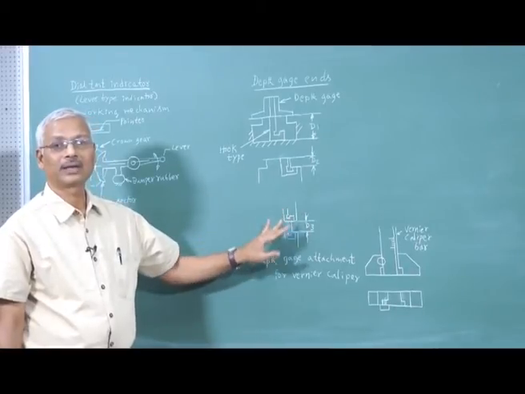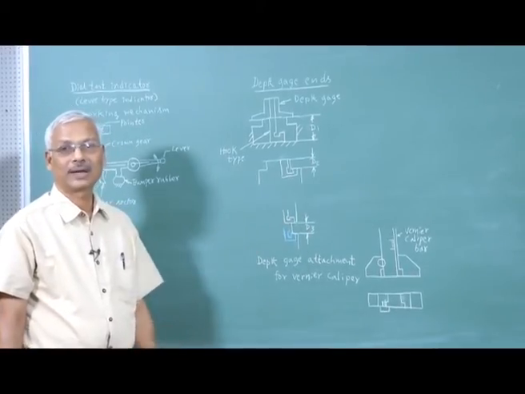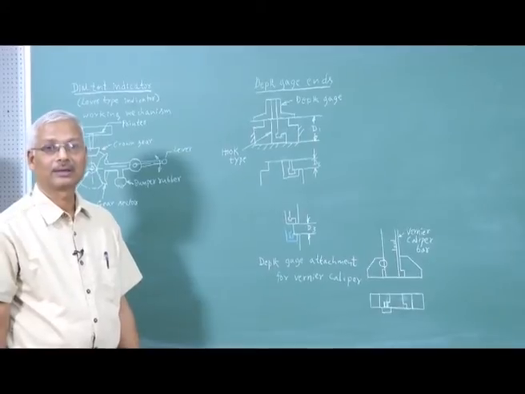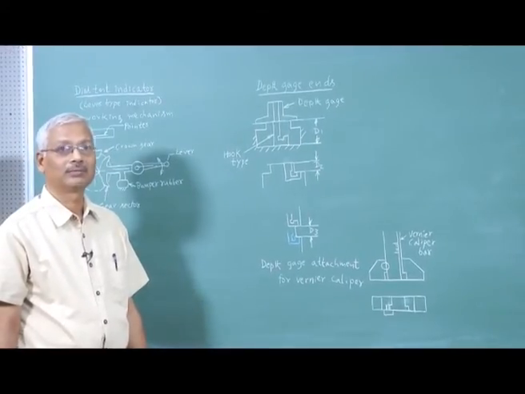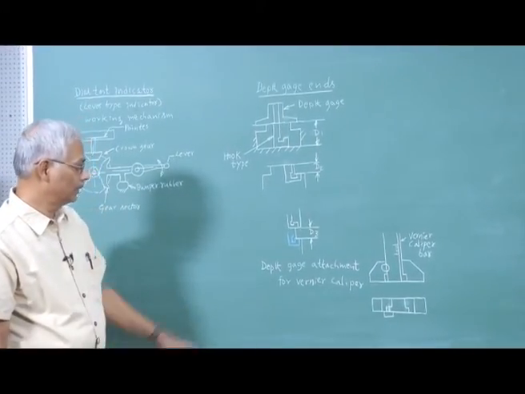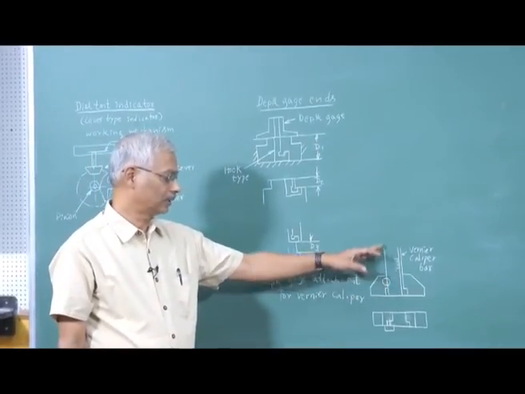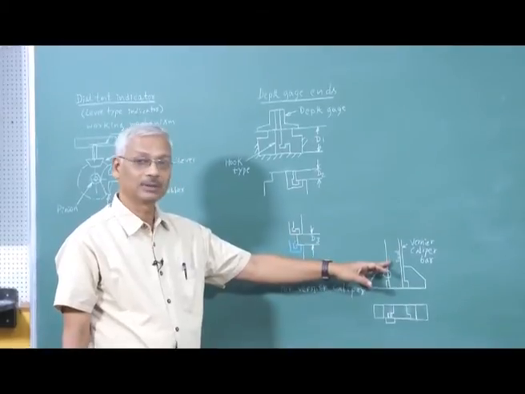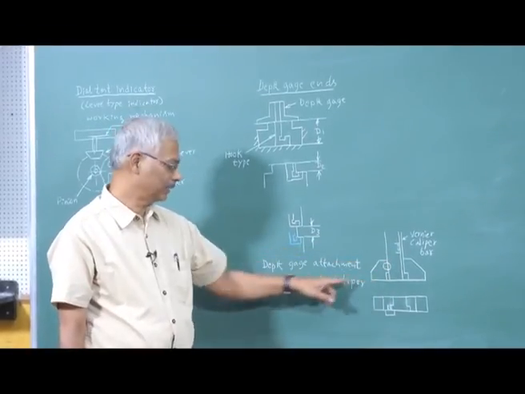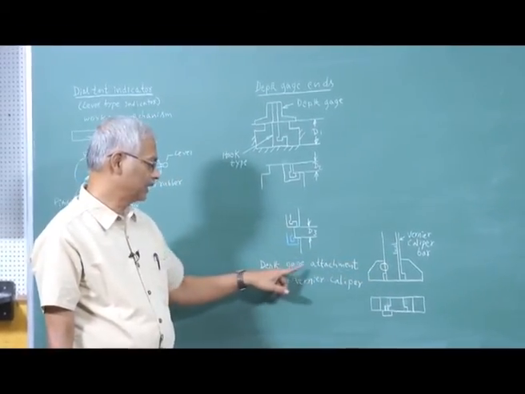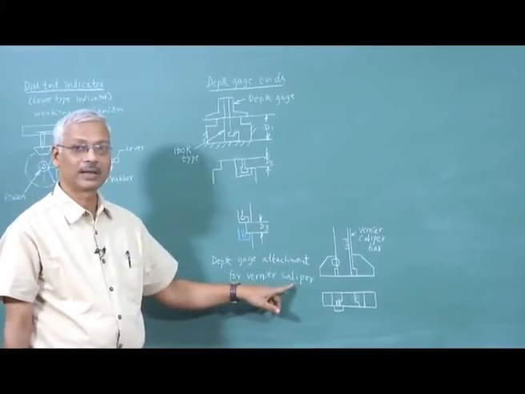So, like this we can have different kinds of ends depending upon the application, and then we can use them. Now, for an ordinary vernier caliper or dial type depth gauge, we can have a depth gauge attachment for vernier caliper.